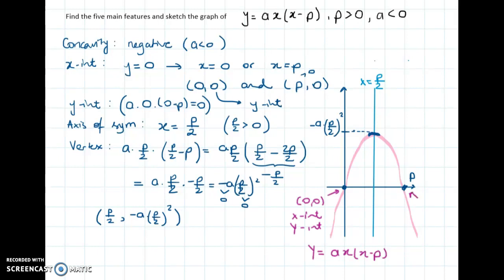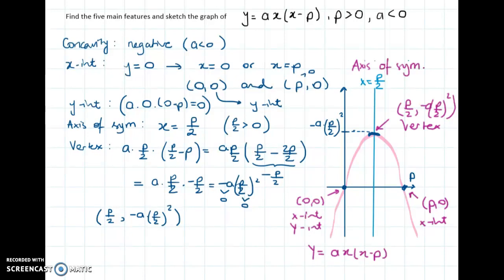I have the other x-intercept here at the point (p, 0). And over here is the point (p over 2, minus a times (p over 2) squared). And this is my vertex. And the vertical line I marked over here is the axis of symmetry. So now my sketch is complete.